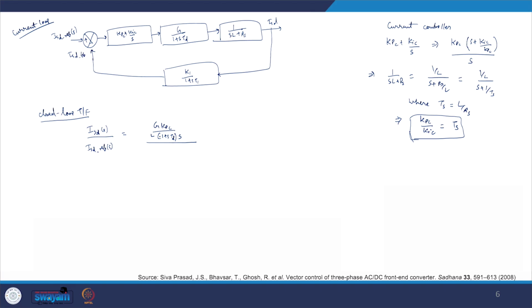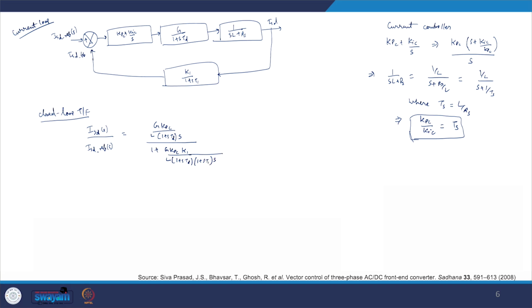When we take out L from here, and 1 plus STd, this one divided by 1 plus G Kpc K1 by L, 1 plus STd into 1 plus ST1, and this is S.